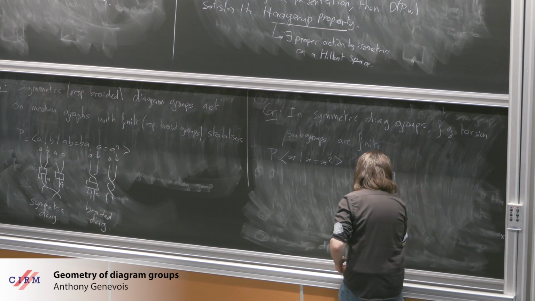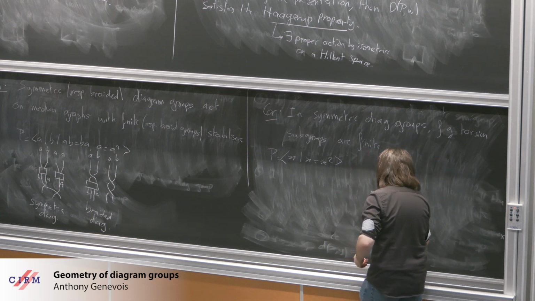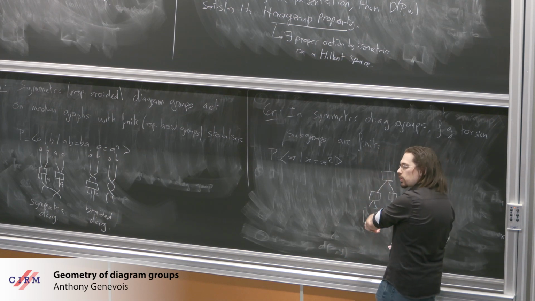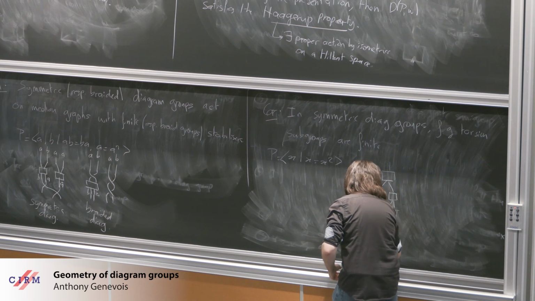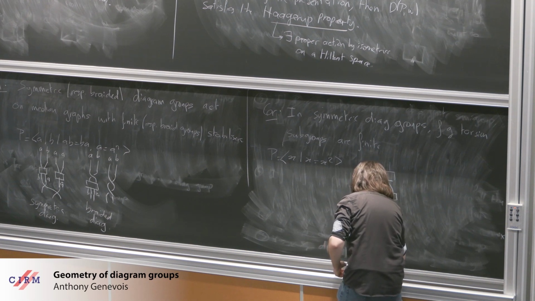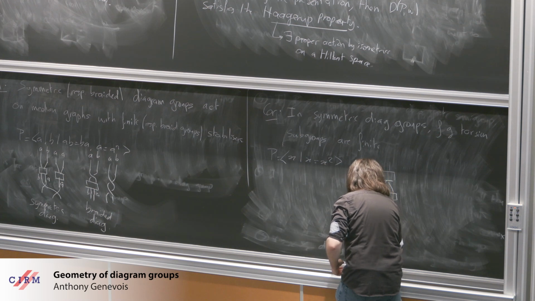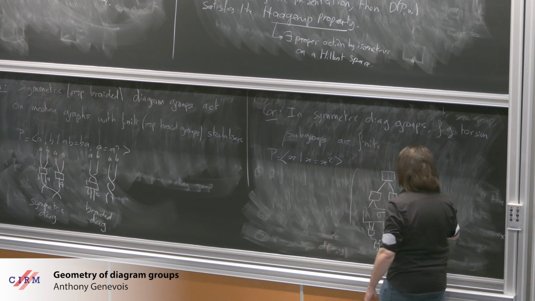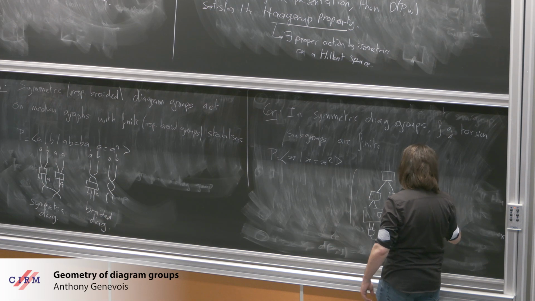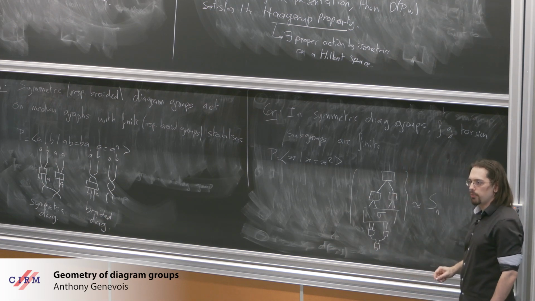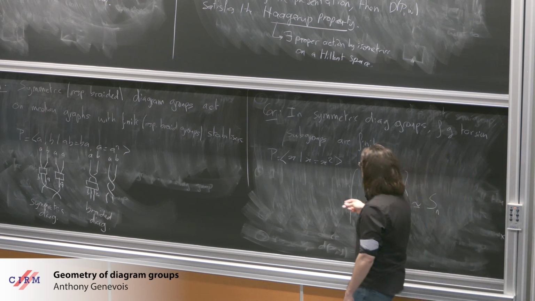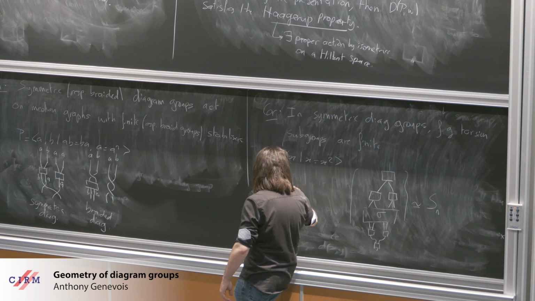Now you do some permutation, and you just do the same thing again, but in the reverse way. So this is a subgroup isomorphic to the symmetric group. In this case, this is S4, but in general, you can get a copy of Sn for arbitrarily large n.